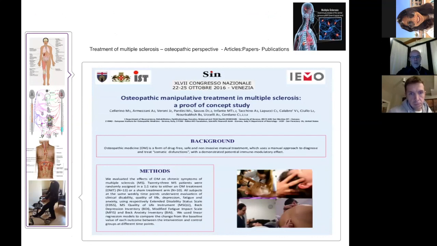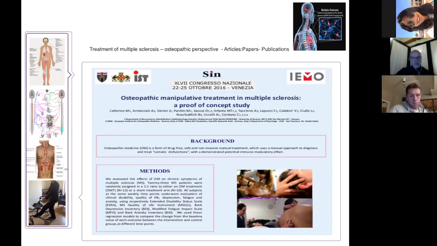Again, another one looked at manual treatment in multiple sclerosis, a proof of concept study in Indonesia, looking at various modalities with very specific outcome measures that you'll see there, and utilizing various treatment approaches within the context of the cranium and adjustments, and looking at how that changes the parameters of these particular outcome measures.